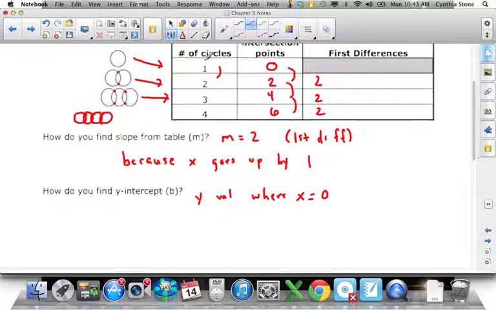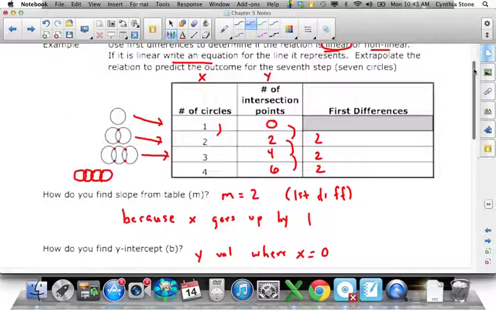This is my x. I only go to 1. So I need to figure out where the number of intersection points would be. Now, from a practical point of view, by the way, 0 circles, you would say, well, that would be 0 intersection points. However, in a question where you're looking at a linear relationship, we've got to pretend you could have 0 circles and what would be the number.